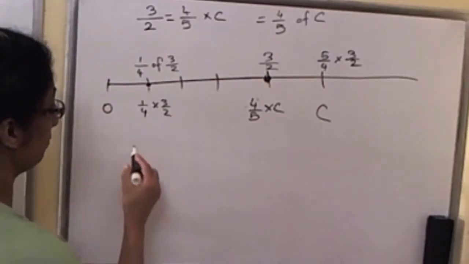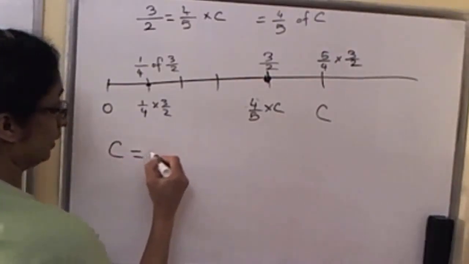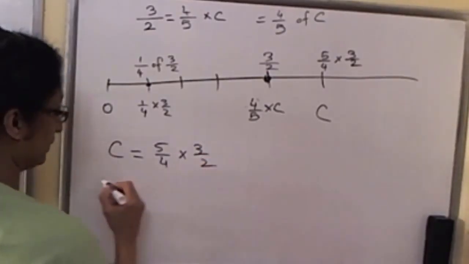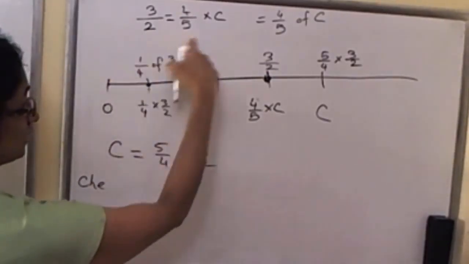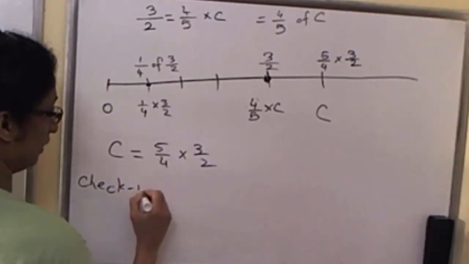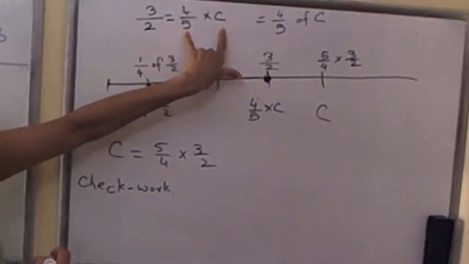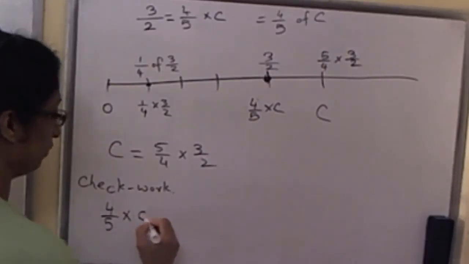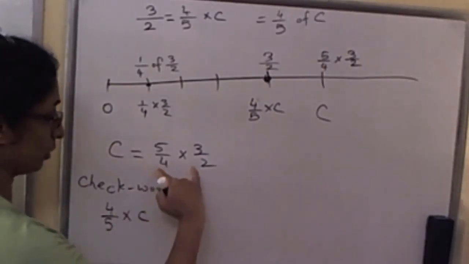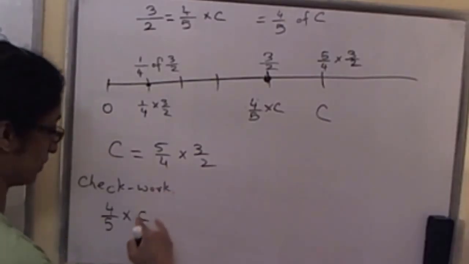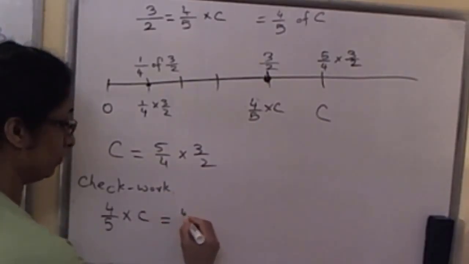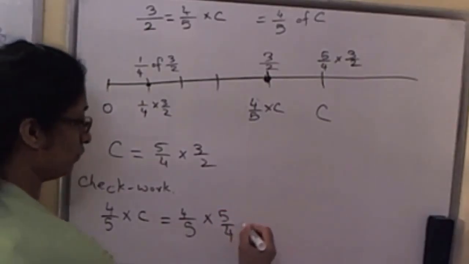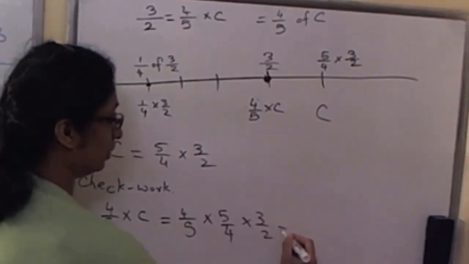Now we want to really make sure that this C satisfies this equation. So let's call that check work. We'll start off with this side, 4/5 times C. We'll put in this value of C into this, and we'll see what happens. 5 over 4 times 3 over 2.